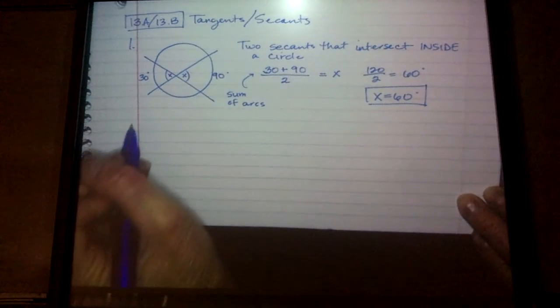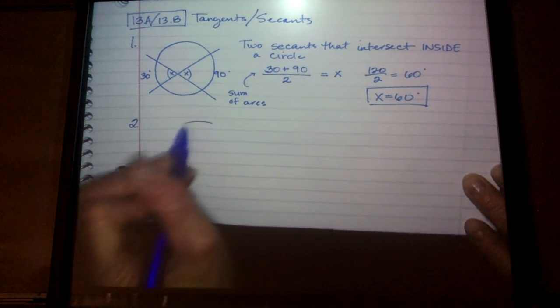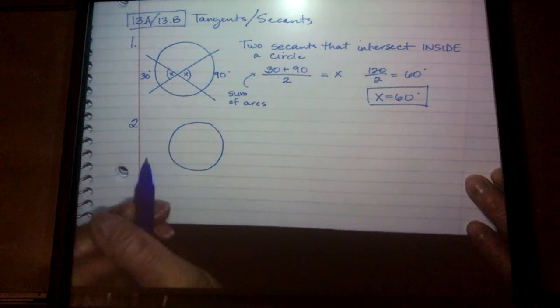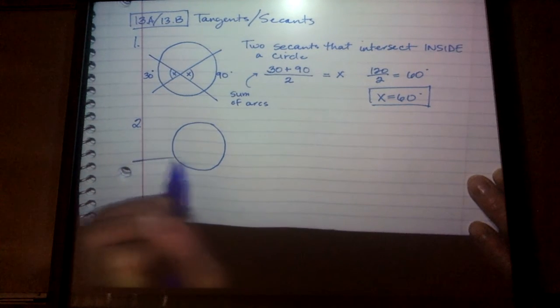The next property it covers: if the secant lines intersect outside the circle.